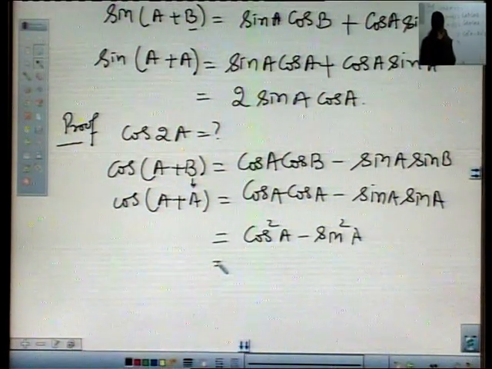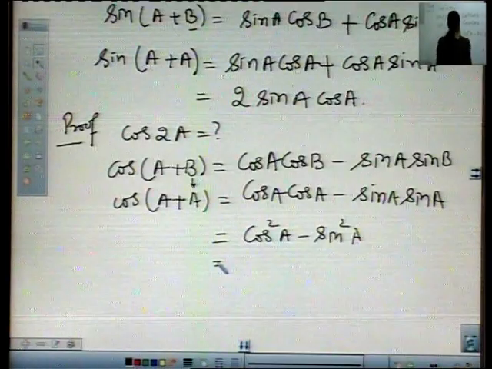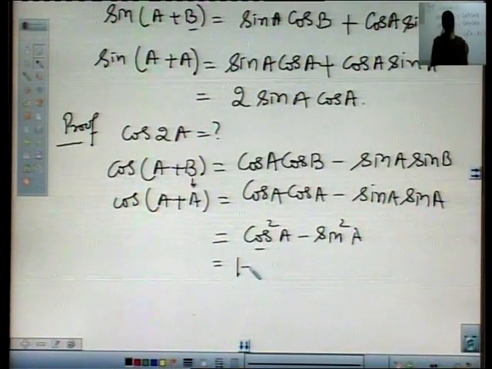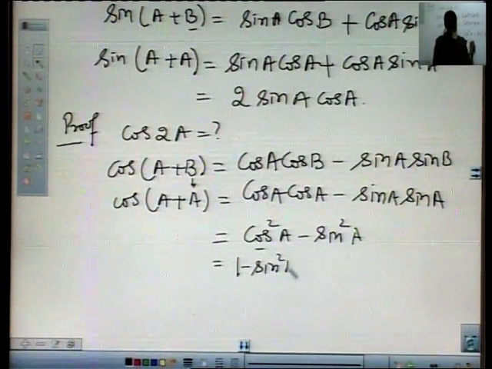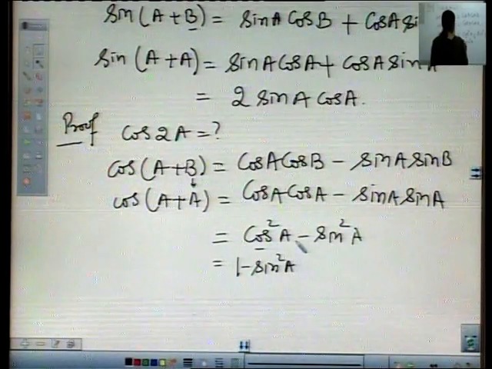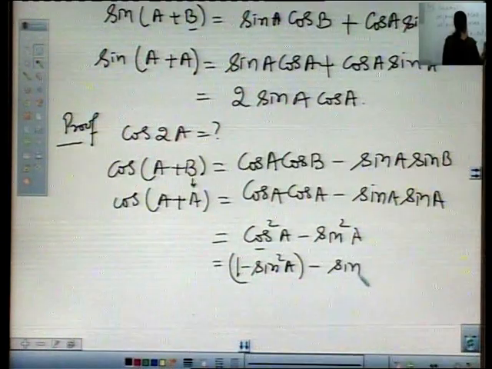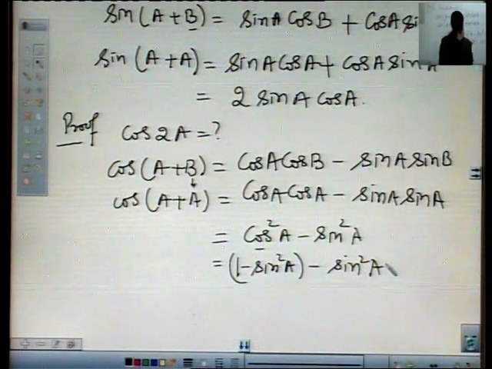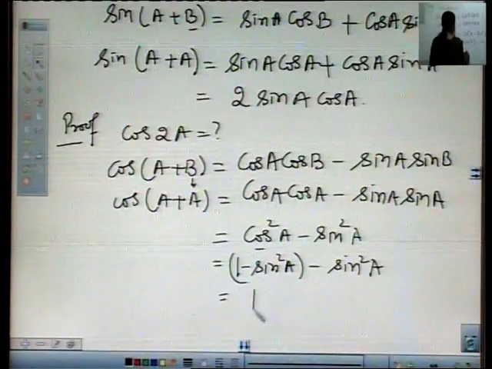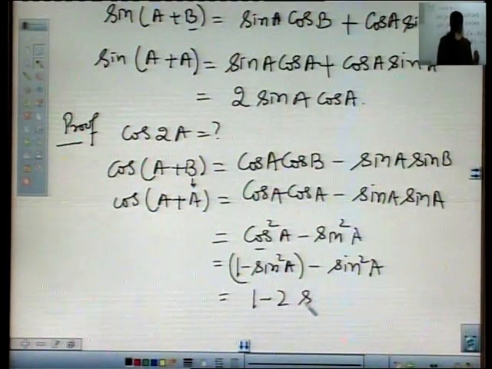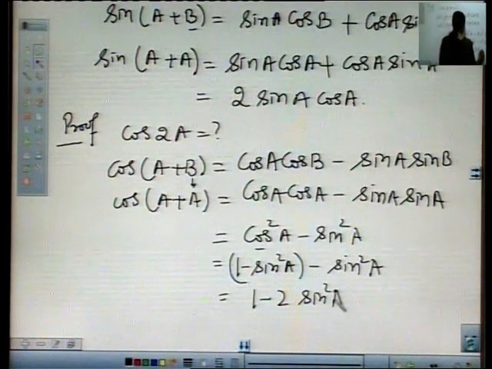Now, we can also write 1 minus sin square a instead of cos square a, minus sin square a, and it will be equal to 1 minus 2 sin square a.